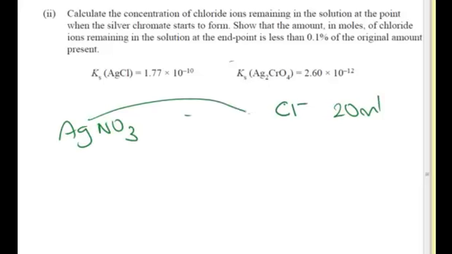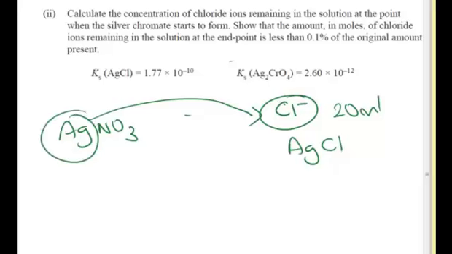The silver combines with the chloride to make solid silver chloride. When all the chloride ions are used up, then the silver concentration will start to build up, and then it'll reach a point at which it will form a precipitate with the chromate, and we will see a change in colour.